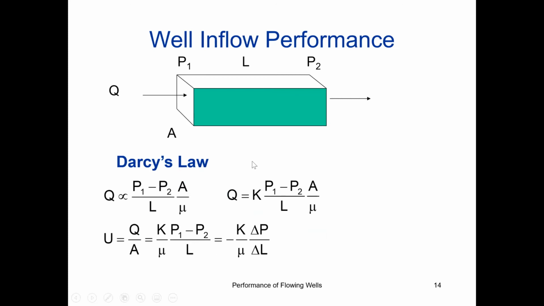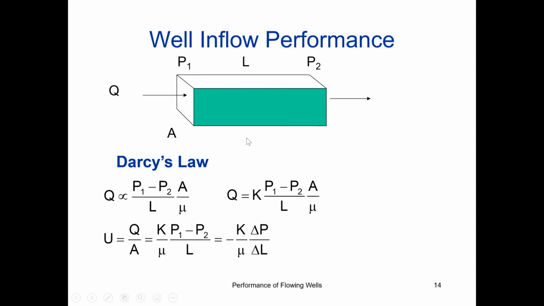So if you have a block like this, the flow rate, according to conservation of mass, whatever is going in should come out. But there is a pressure, and the flow will be from high pressure to low pressure. The amount of flow is directly a function of pressure difference.